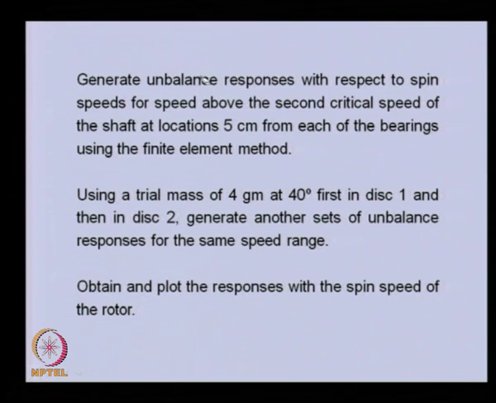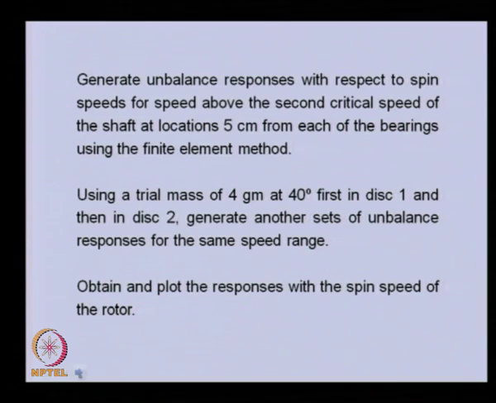We will be generating the response above the second critical speed, and we will be showing the response at a location on the shaft which is 5 centimeters away from the bearing. Near the bearing, whatever response we capture from the finite element formulation, we will plot to illustrate the influence coefficient method. These are the trial masses which we will be using, which are given in the table also.